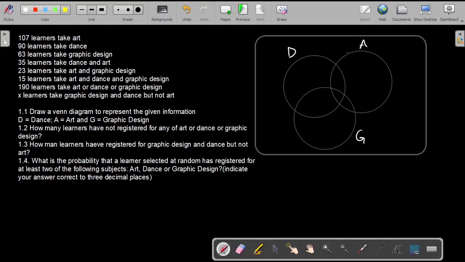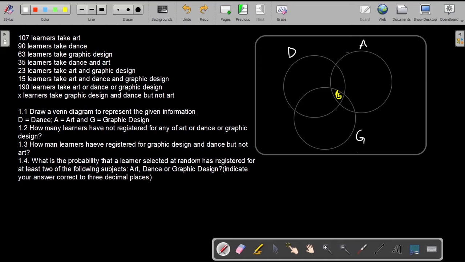You want to pick the one that includes all of them, which is the intersection of all of them, first, because it affects everything else. And here's how. The intersection of all 3 is this portion over there, and that is where you write your 15. So let's write the 15 over there, as it's given that 15 learners take art and dance and graphic design. So that is where it should fall.